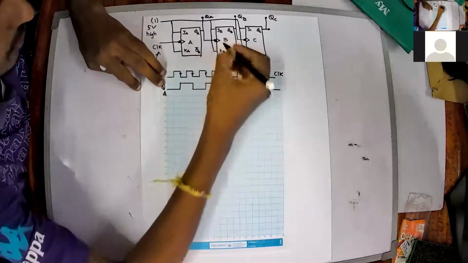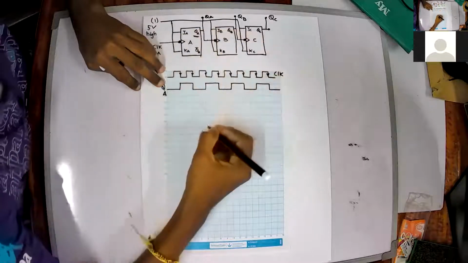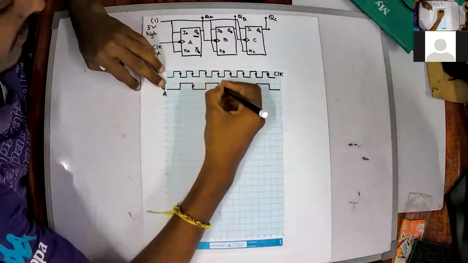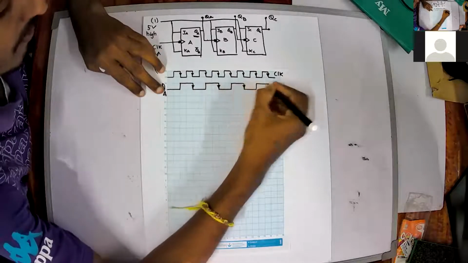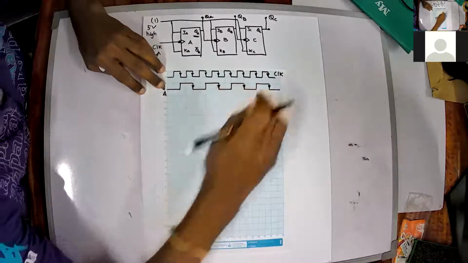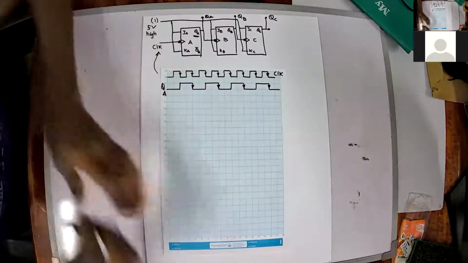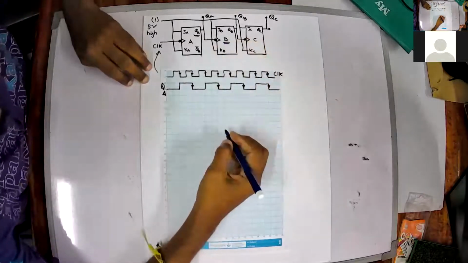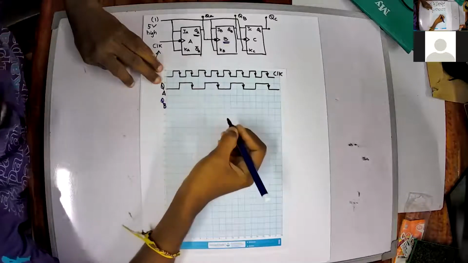Now I am giving QA as the clock to flip-flop B, so it is going to be driven by the clock signal derived from A. I'll mark the negative edges in the output of QA. So I have 1, 2, 3, 4. Now let's see how we can mark the output of QB. Let this be QB.